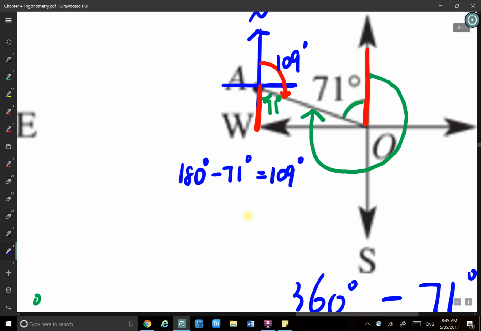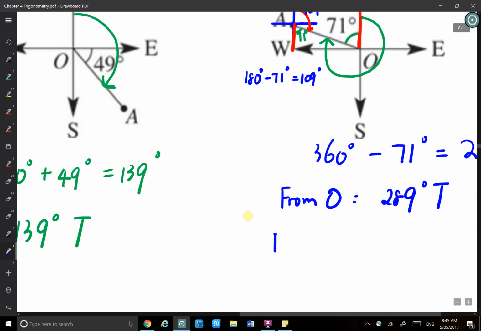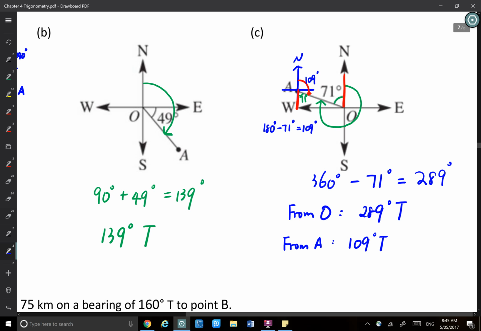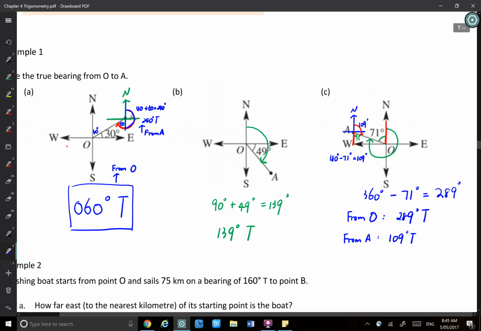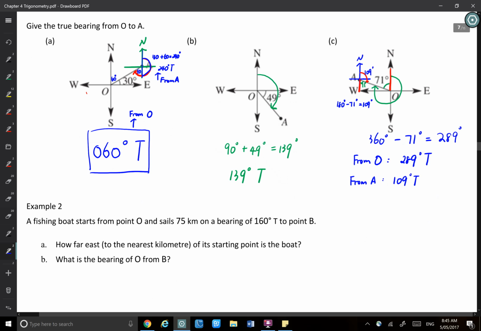So from A, you have 109 degrees true. That's the bearing.